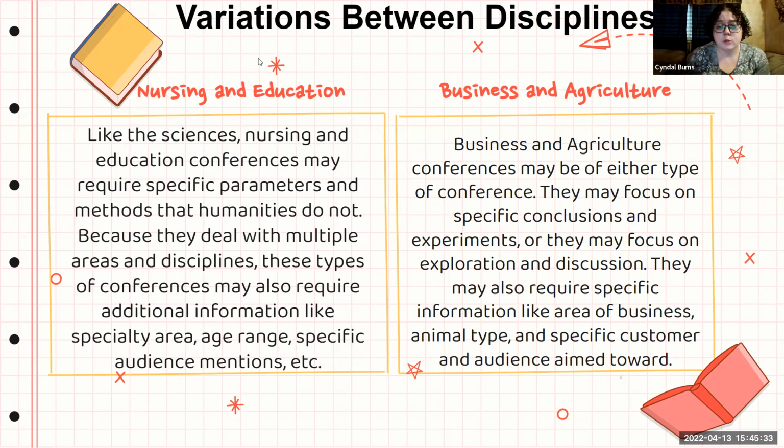They may be more exploration, more research, or they may focus on specific conclusions and experiments. It really just depends on the conference. So you need to make sure you understand that in the application process. It may also require specific information like area of business, the type of animal you're working with, and customers, audience, who it's aimed towards, just like other areas. So again, be aware of what each conference is requiring and expecting.